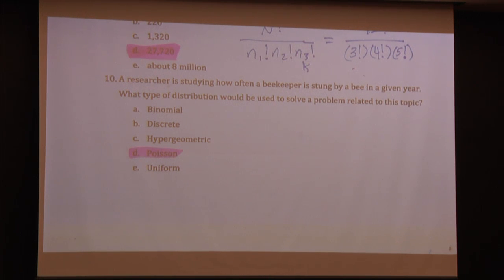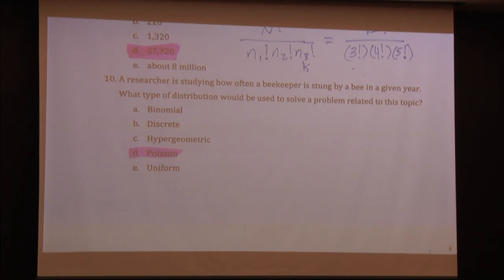So it's just looking at the rates, like if you had a sample of 100 beekeepers and you asked each of them how many times they were stung this year, you would be looking at the distribution of how many times a beekeeper would be stung each year. Like you could have 5 beekeepers and one of them was stung 50 times, one of them was stung 60 times over a given year.